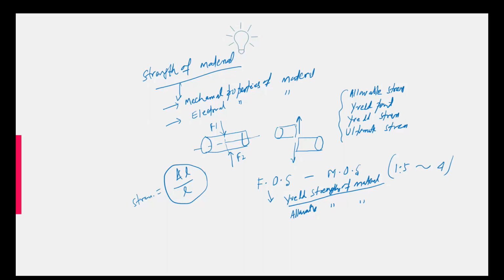A factor of safety between 1.5 to 2.5 is used for highly reliable material where the load and environment conditions are not severe. This is 1.5 to 2.5, whereas I said here 1.5 to 4. So 1.5 to 2.5 is for reliable material.